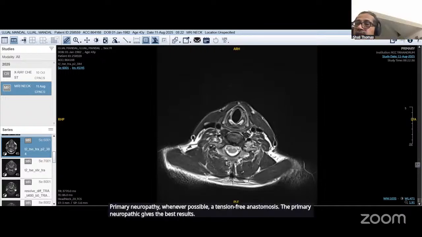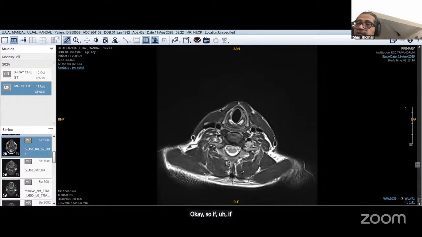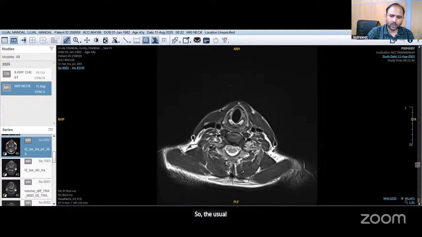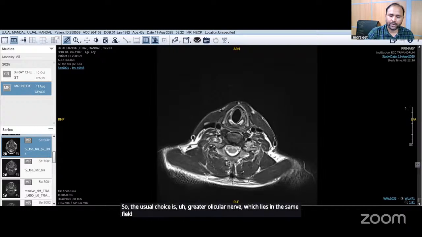Okay. So if a segment of nerve is involved and you have the proximal and the distal stumps, but you can't do a primary anastomosis, then what are the options? So the usual choice is the greater auricular nerve, which lies in the same field and can provide adequate length, sir.